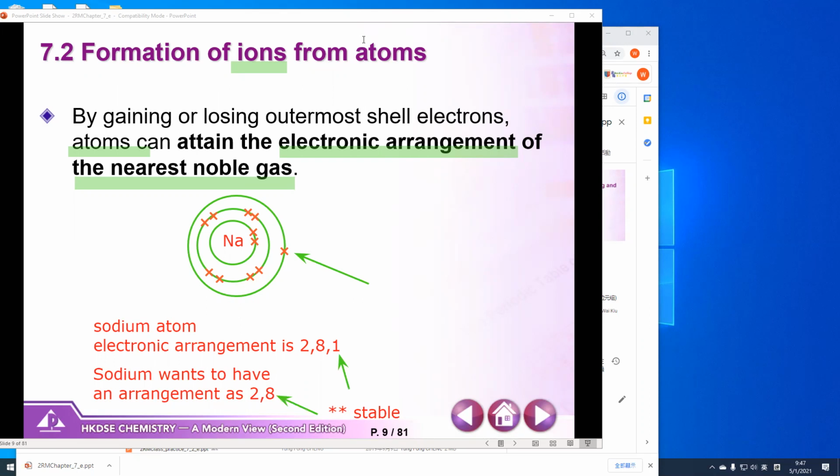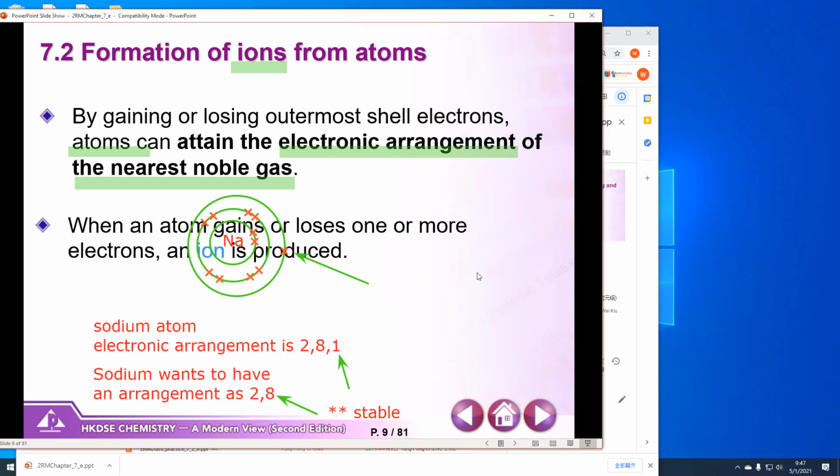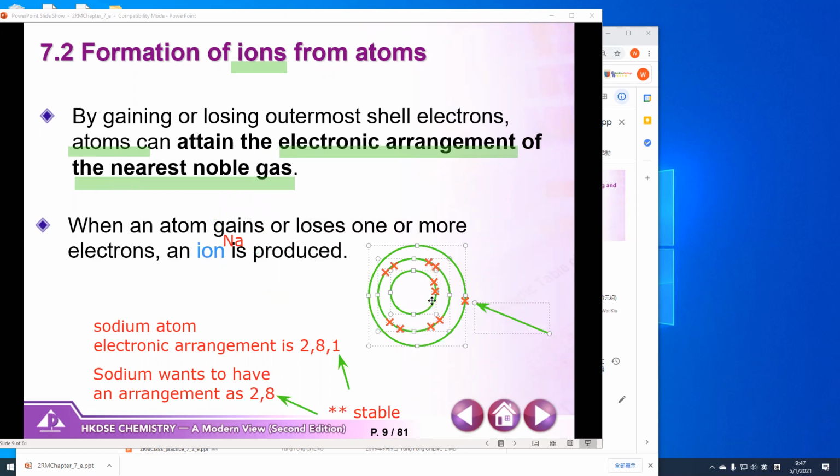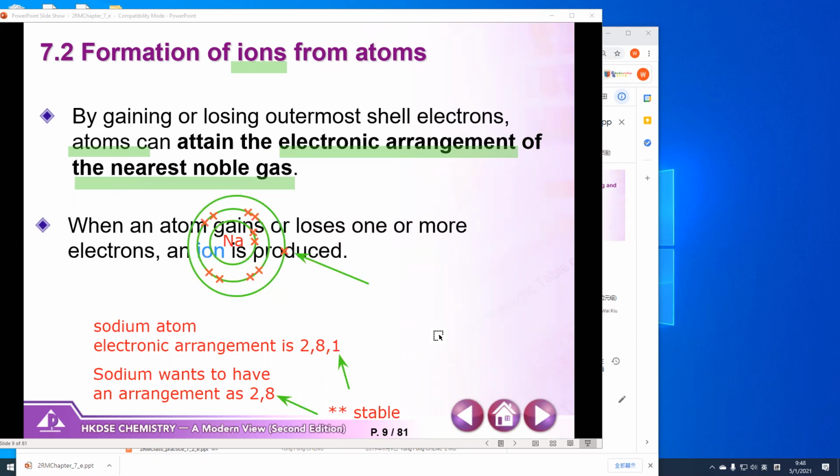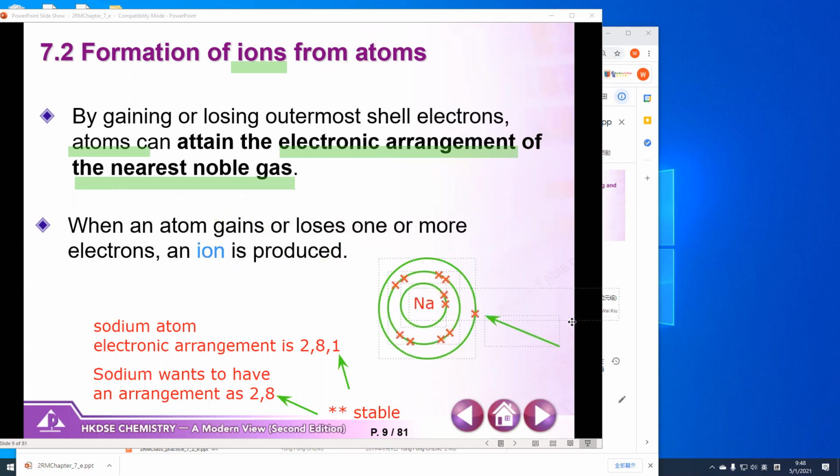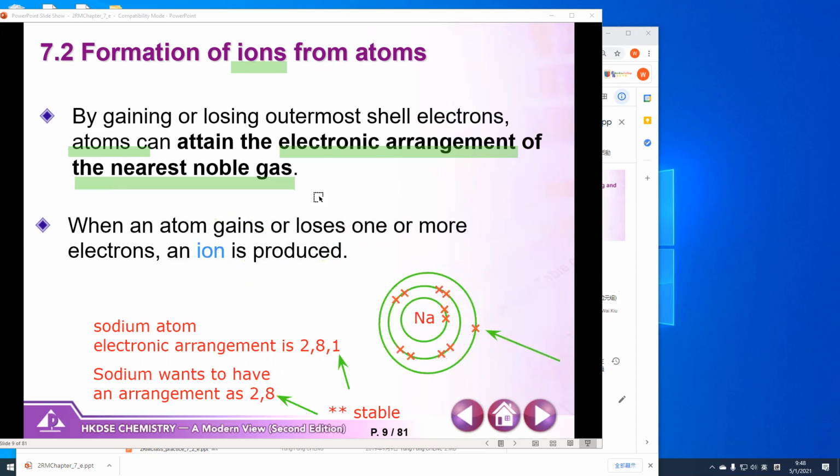Therefore, what do you expect? You expect sodium to lose this electron.